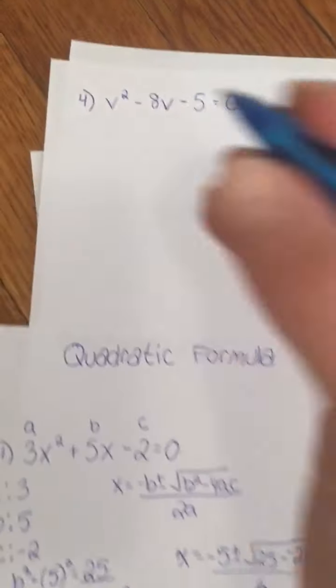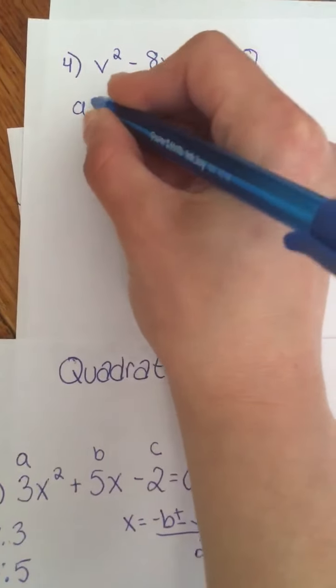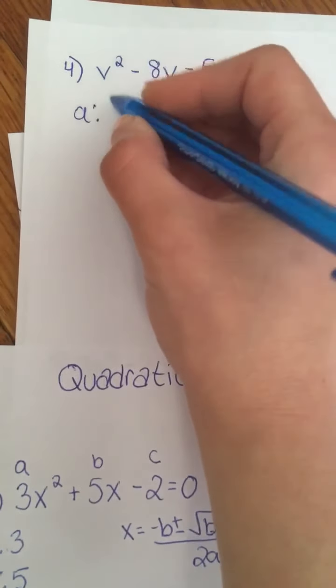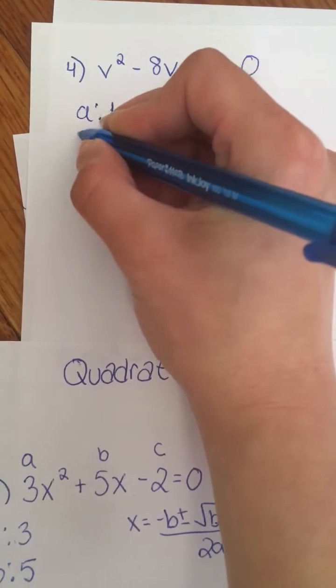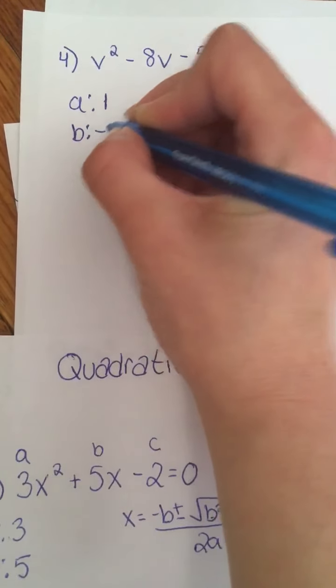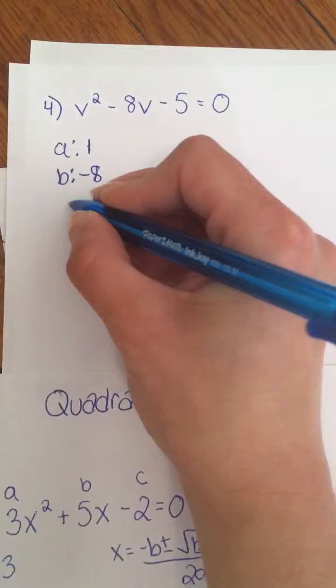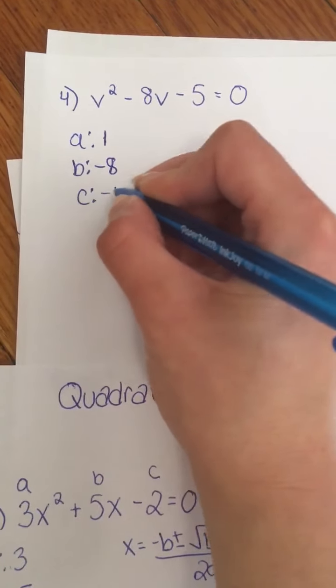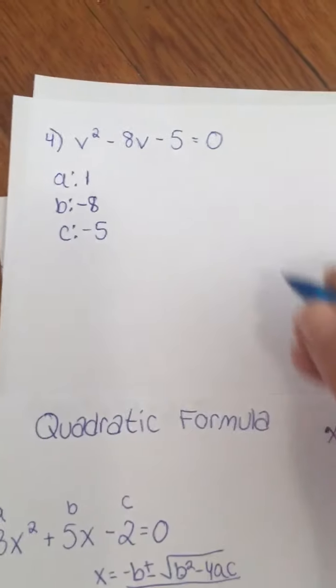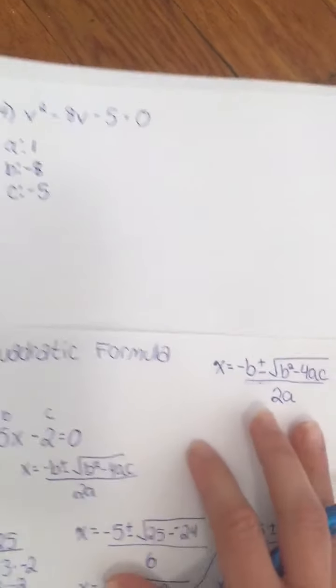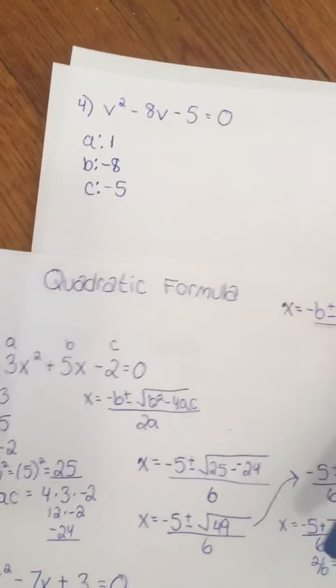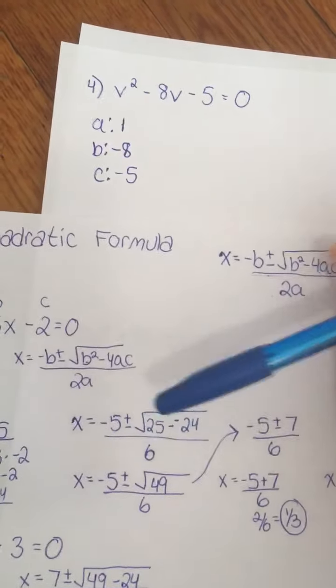Okay, so let's list A, B, C. When there's no number in front as a coefficient, it is 1. B is negative 8. C is negative 5. Okay, so then we have x equals, see if we could put it all up together. There we go.